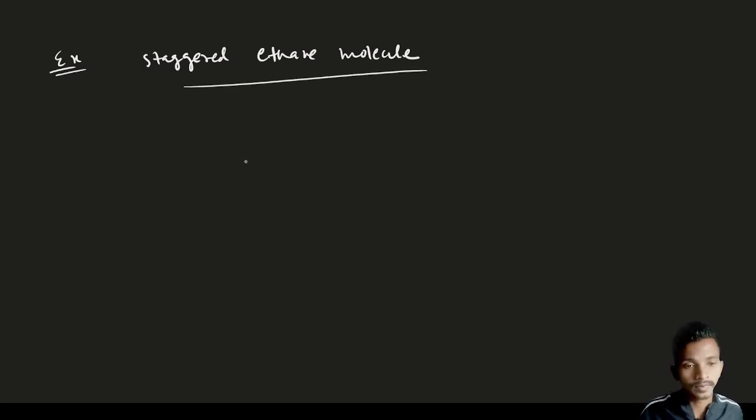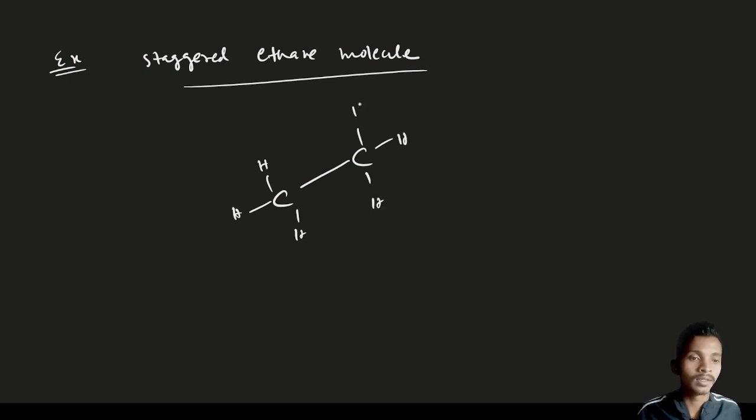Let's say this is how it looks. Carbon, and you can draw it simply like this, with hydrogens. But for group theory, if you draw like this, it will be very difficult to find the symmetry elements. So what we'll do is draw the structure differently.